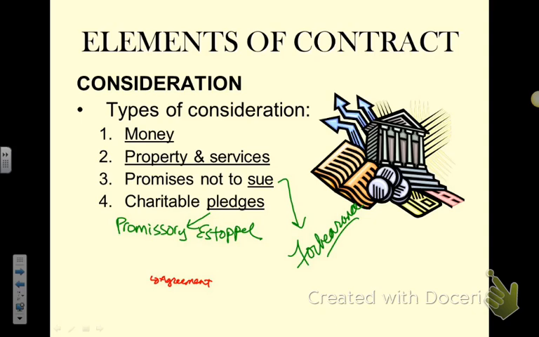Promises not to sue. We've already talked about that. That's forbearance. So that's a form of consideration. Me giving up my right to sue is the forbearance, okay? Is the consideration. And then charitable pledges. Charitable pledges have to do with the concept of promissory estoppel. Promissory estoppel. We'll talk about that on the next slide.